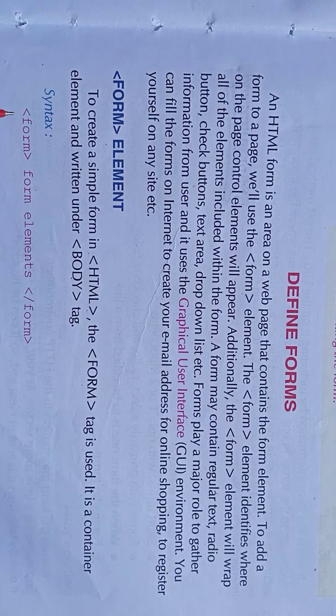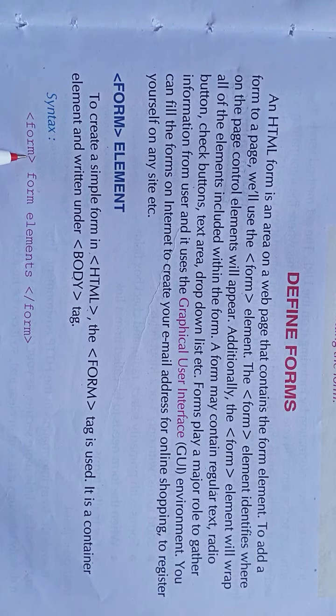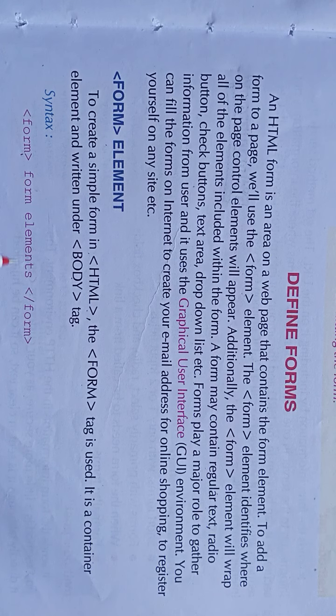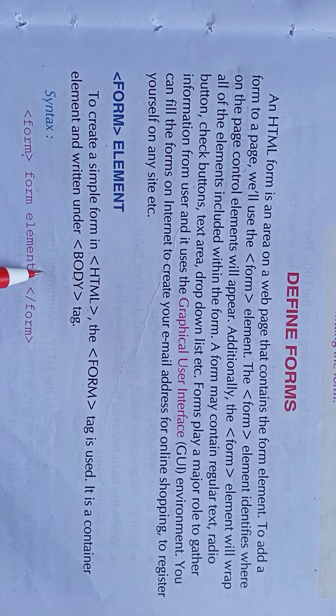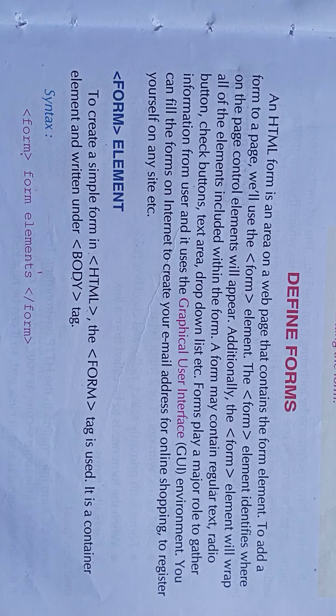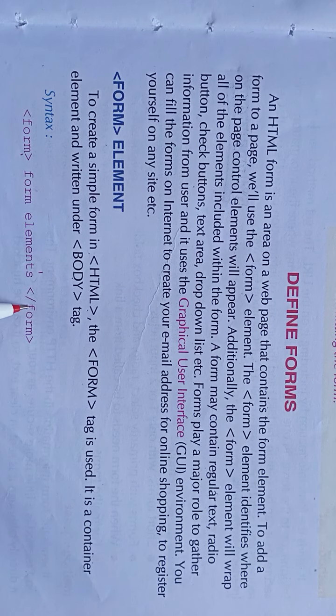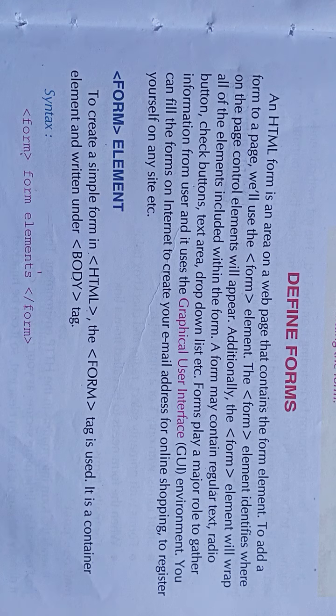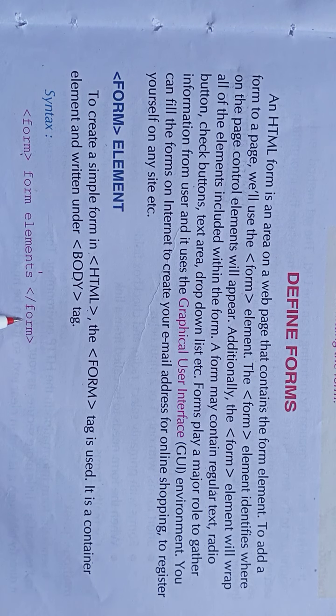So we write the form tag and then the form elements, using the tags for the form elements, as we have just discussed: checkboxes, text area, drop down list and all that. And finally when we are done with all the form elements, we close the form element. It is very important to close the form element, otherwise you are not going to get the output.